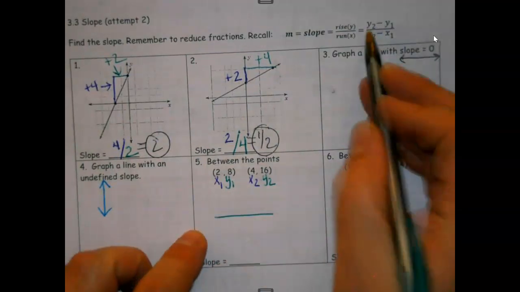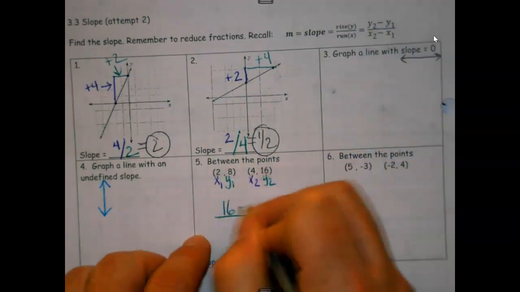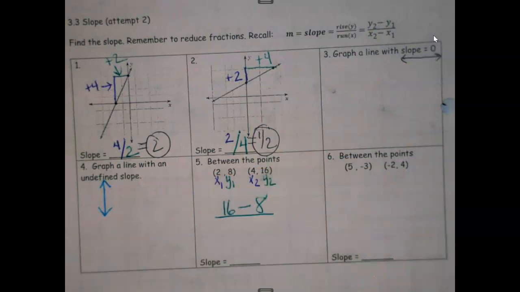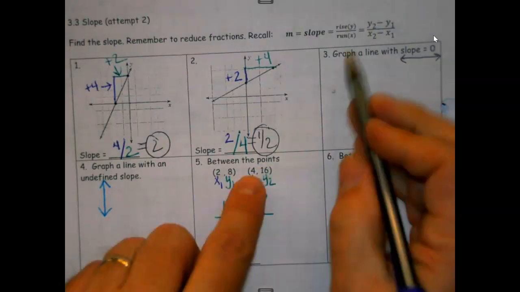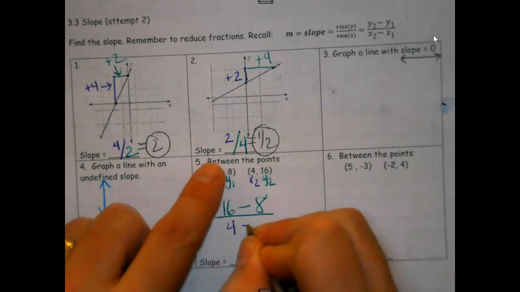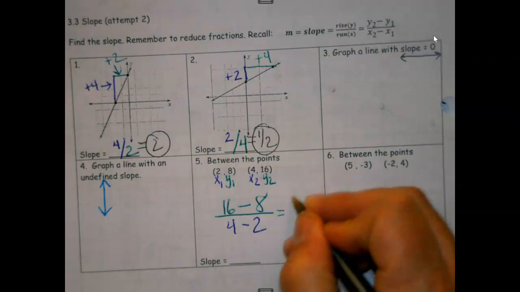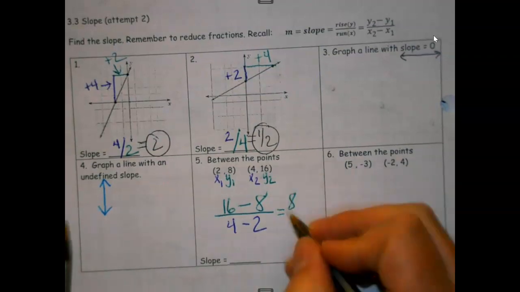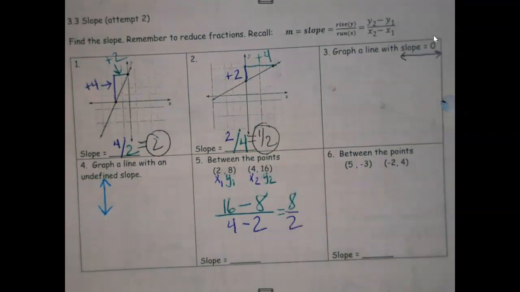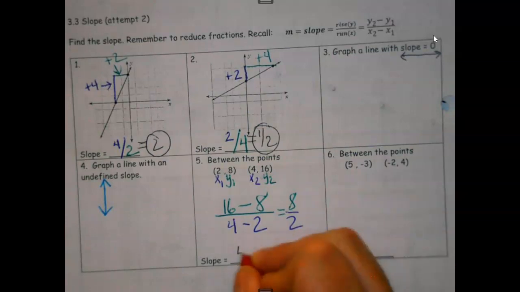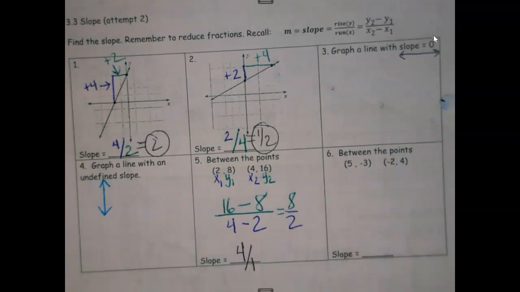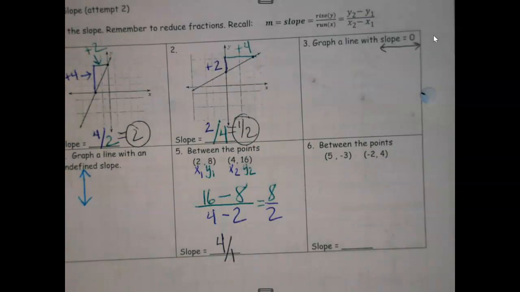Straight up, y2 minus y1, x2 minus x1. We do a little subtracting. 8 divided by 2 is 4. If you want to make it 4 over 1, you could. But make sure, again, that we're reducing as fully as we can.